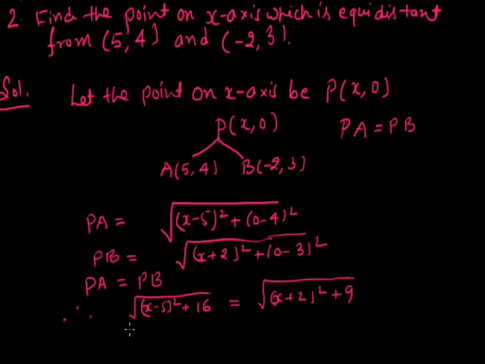Now squaring both sides, we get (x minus 5) whole square plus 16 is equal to (x plus 2) whole square plus 9. So x square plus 25 minus 10x plus 16 is equal to x square plus 4 plus 4x plus 9.